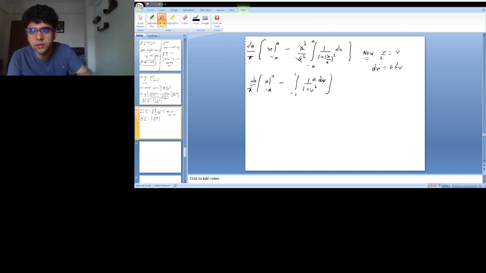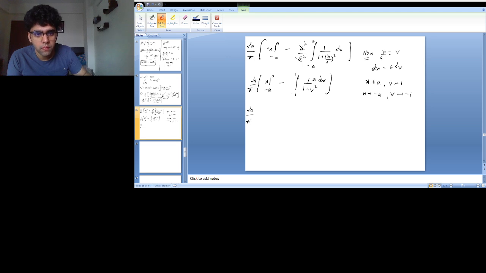When x goes to a, v goes to 1. When x goes to minus a, v goes to minus 1, right? So the lower limit is minus 1 and the upper limit is 1. Let me just check if my recording is still going on. Yes, it's going on.